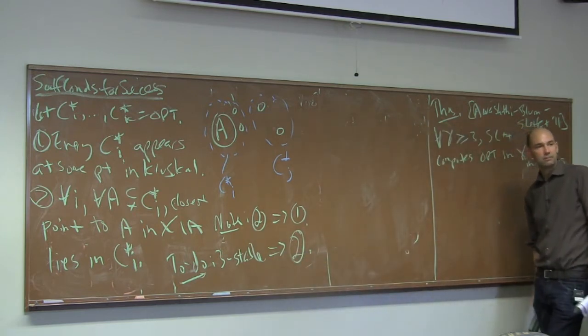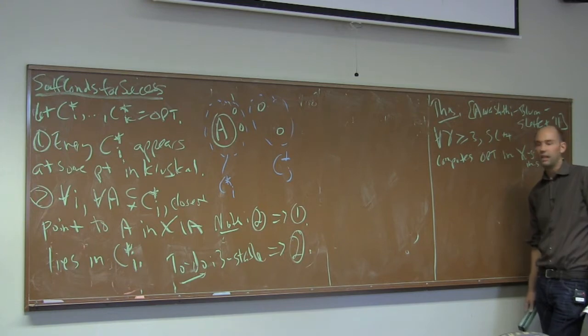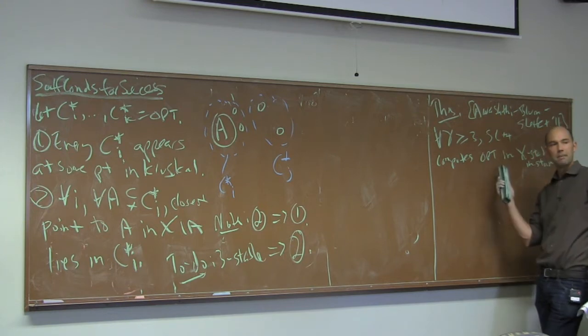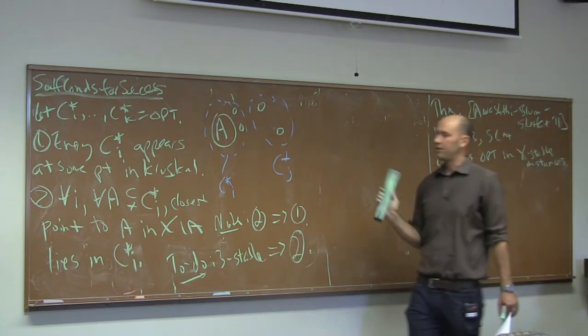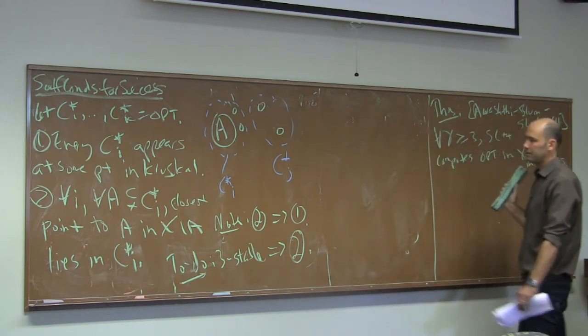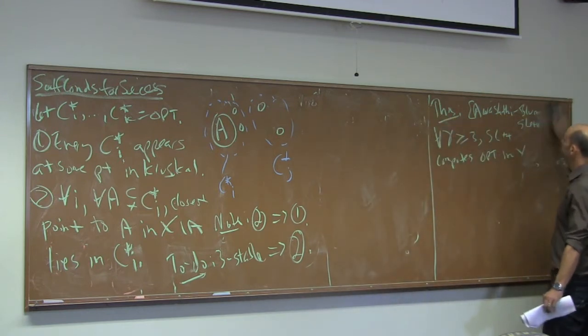So that's the rest of the lecture, establishing that. Making the link between the stability of k-median instances and the sufficient criteria for success for single link plus plus.